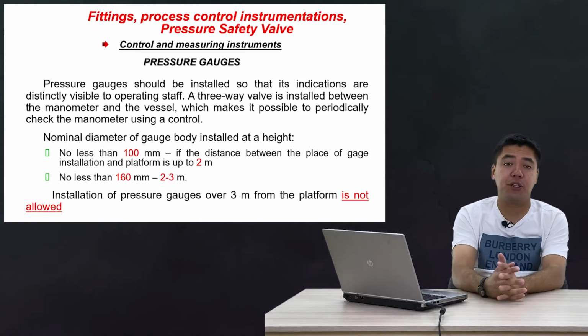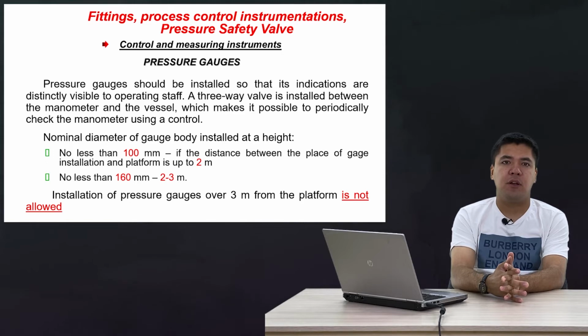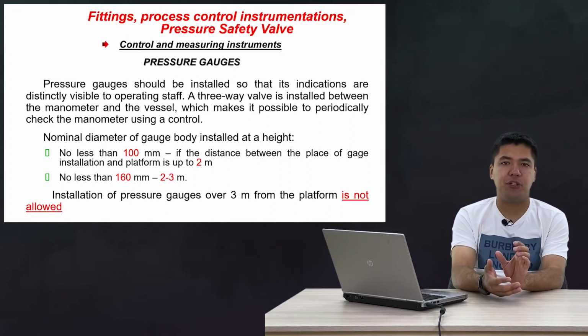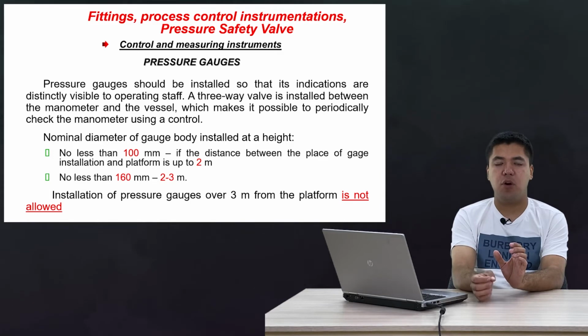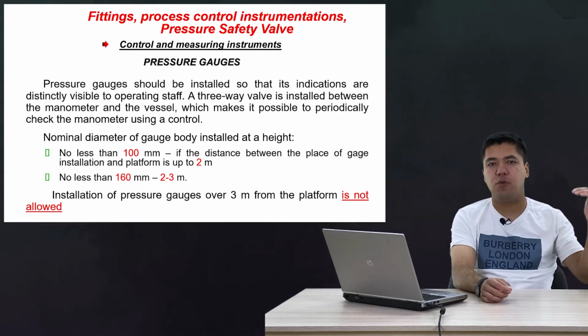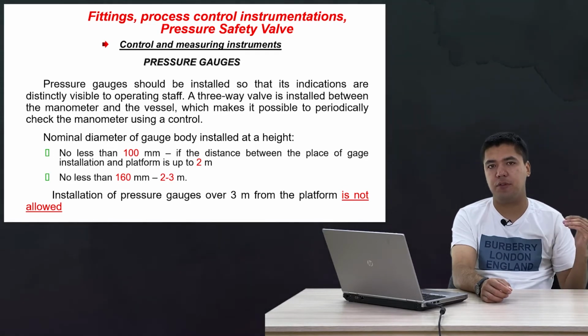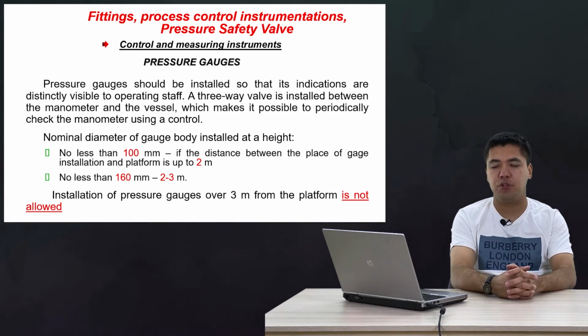And pressure gauges should be installed at a place where the scale and the screen of the pressure gauge are visible to operational personnel. And there is even a requirement for the height of installation of pressure gauges: at what height shall a pressure gauge be installed.